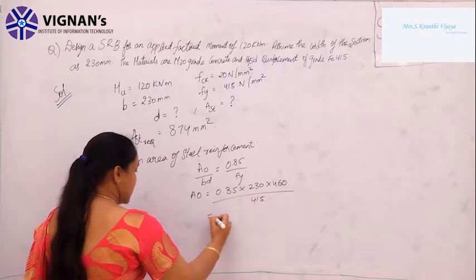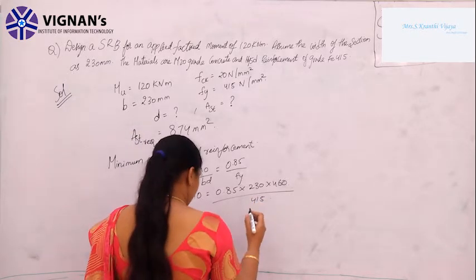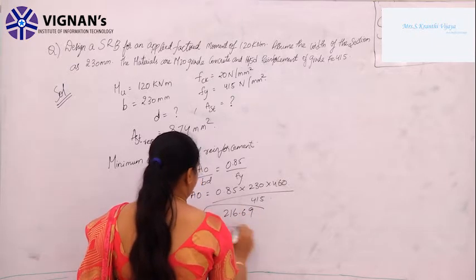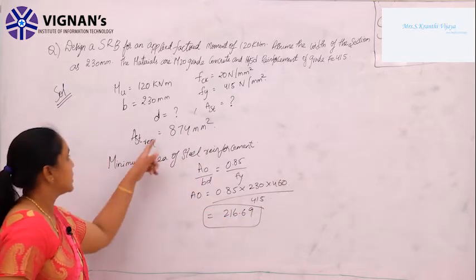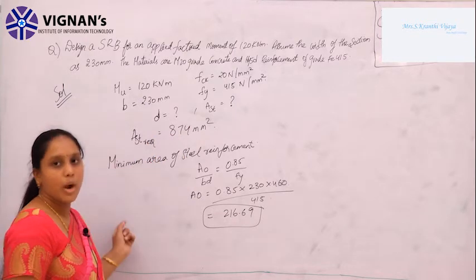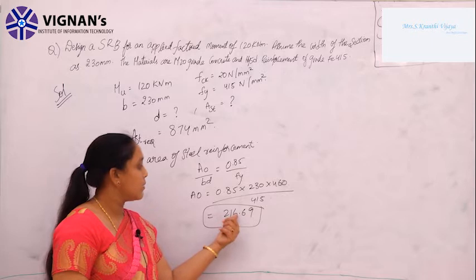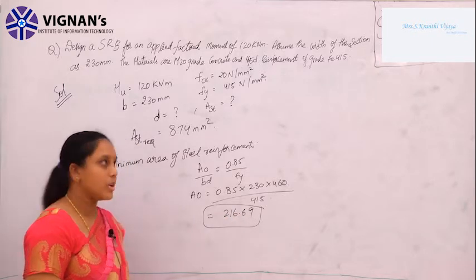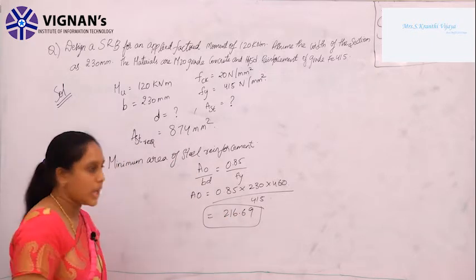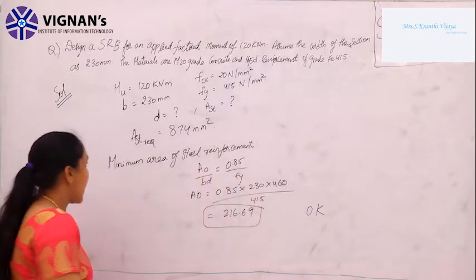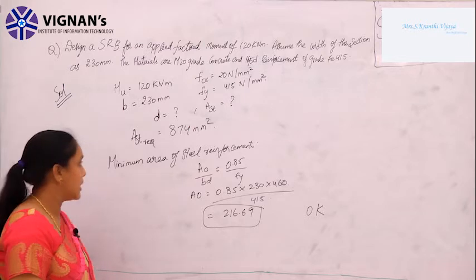By solving this, you will get a value of 216.69. So, how much is the required? It is 874 mm square. Here the minimum is 216.69 mm square. So, it is okay. So, the design is okay. This is how we have to check for the minimum area of steel reinforcement.